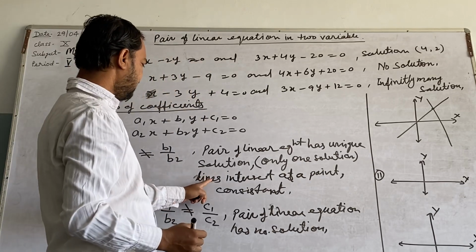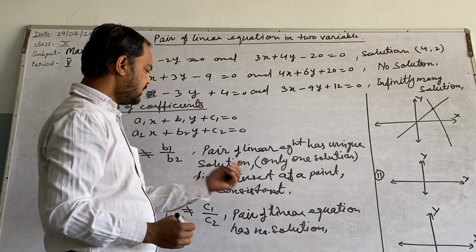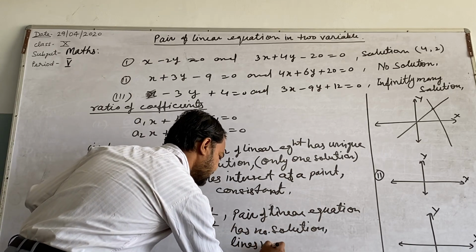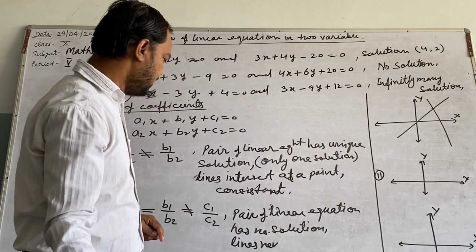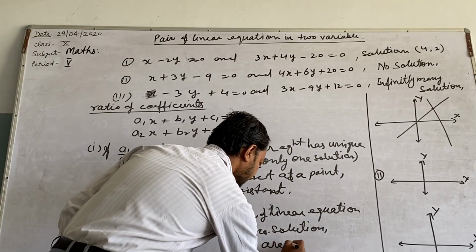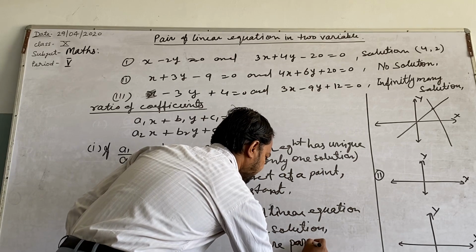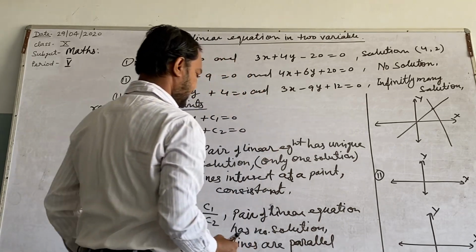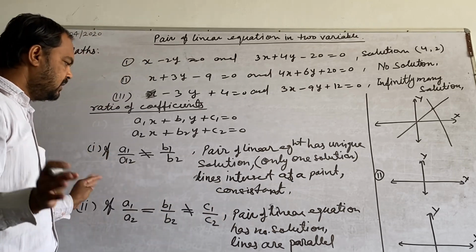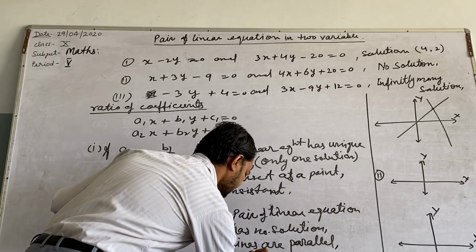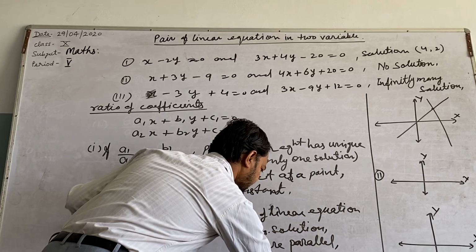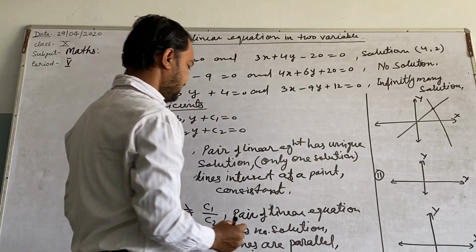In other words, the lines never intersect each other. The lines are parallel. If we have no solution, no possible solution, we can say inconsistent. Inconsistency, right?